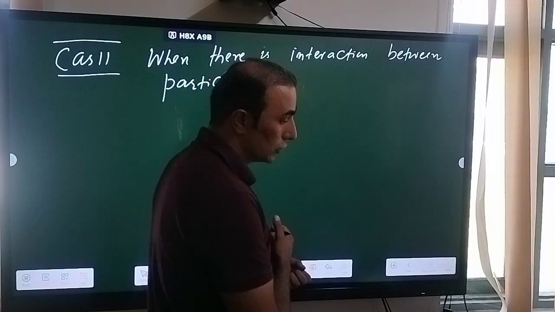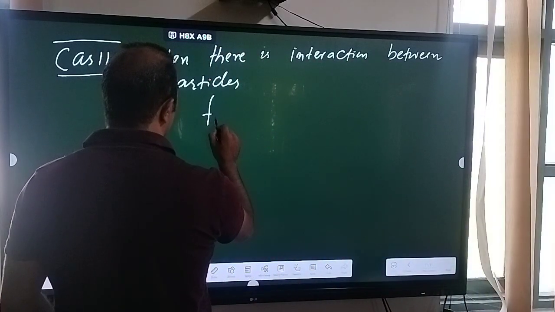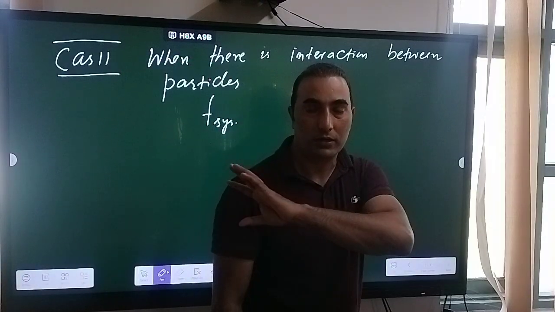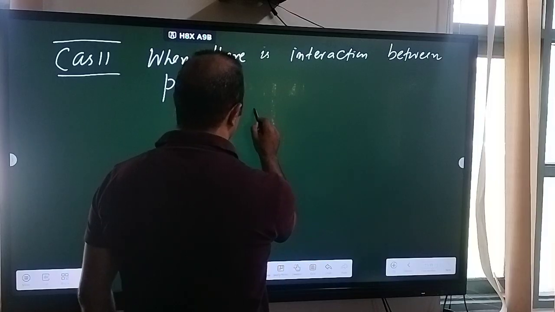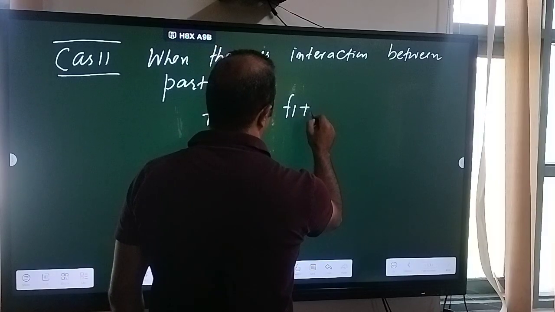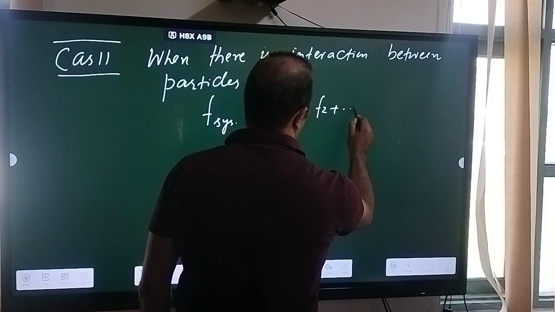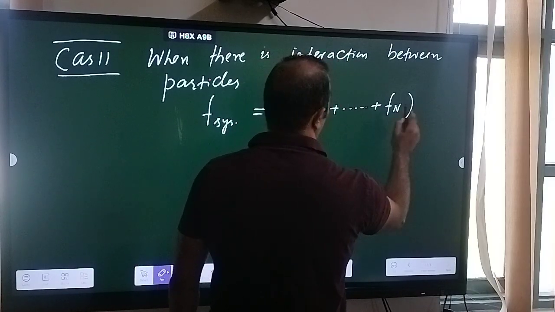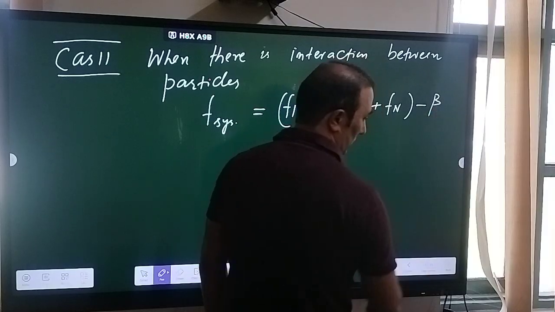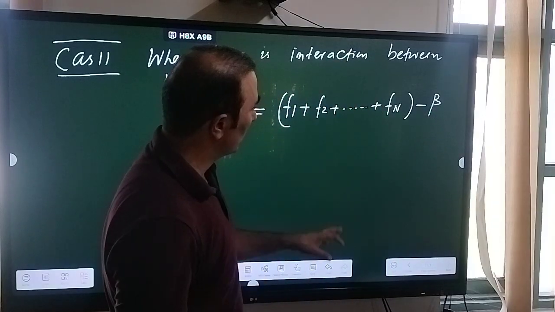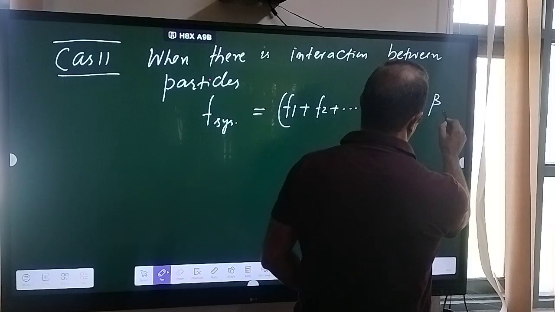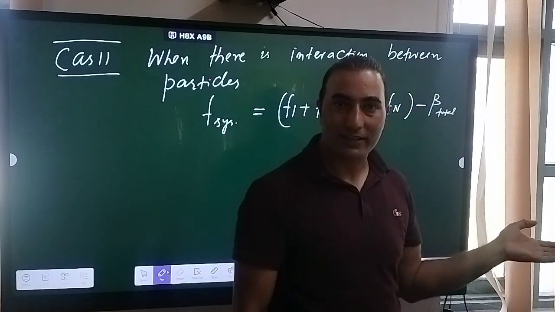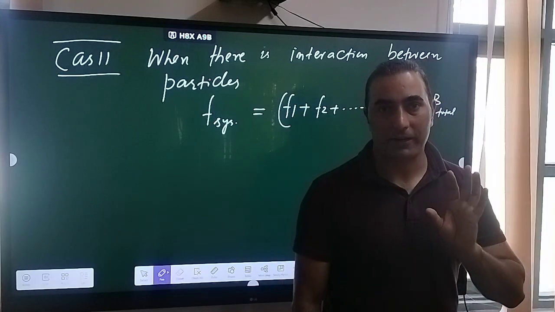So in that case जो डिग्री ऑफ फ्रीडम हमारा सिस्टम का होगा, so this is SY stands for the system, degree of freedom for the system of particles, so that will be equal to F1 plus F2 minus beta. So this beta represents the total constraint. Okay, तो जो total constraint इस सिस्टम में होगा तो उसको सब्ट्रैक्ट करना है.